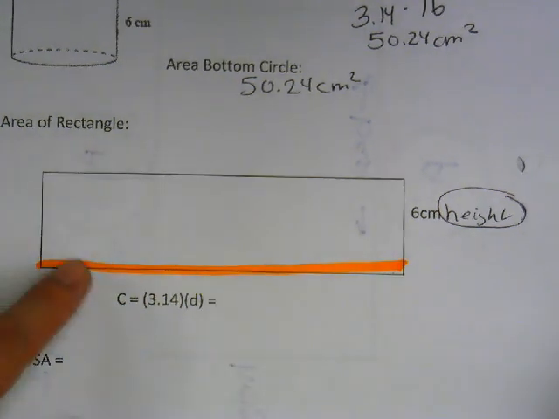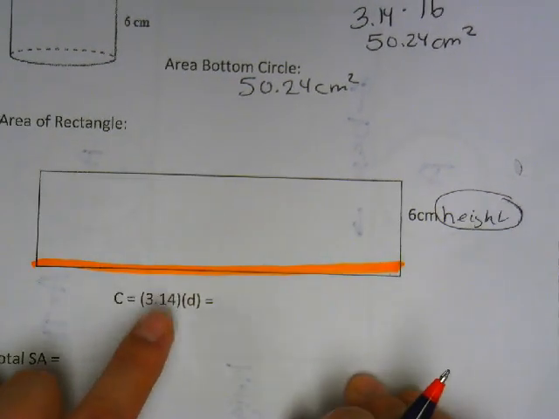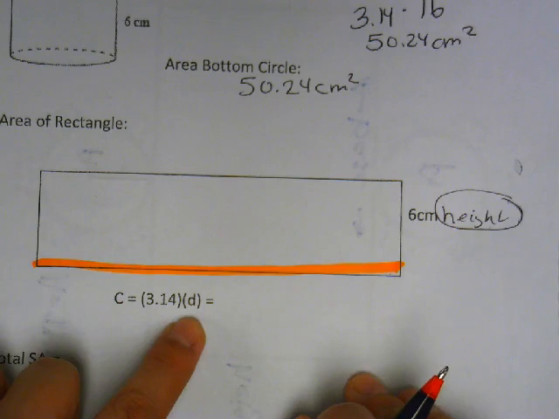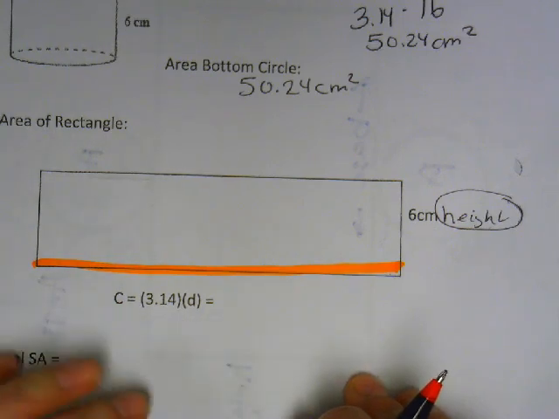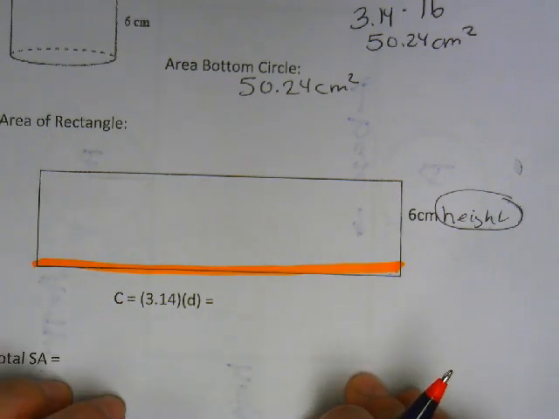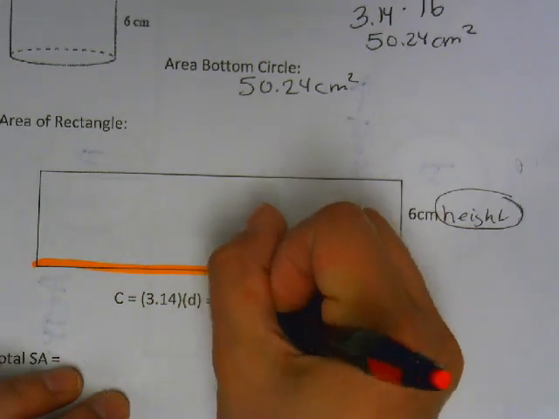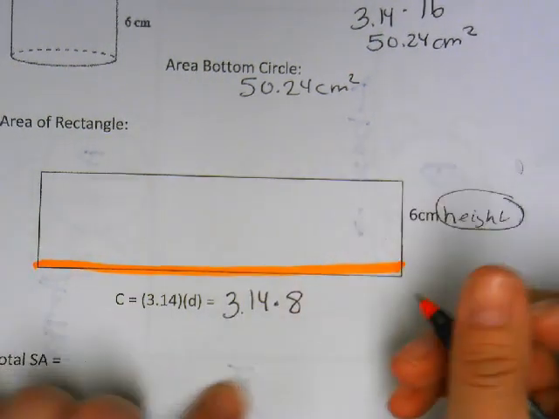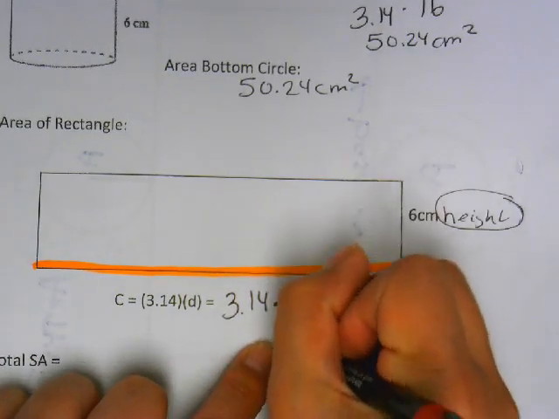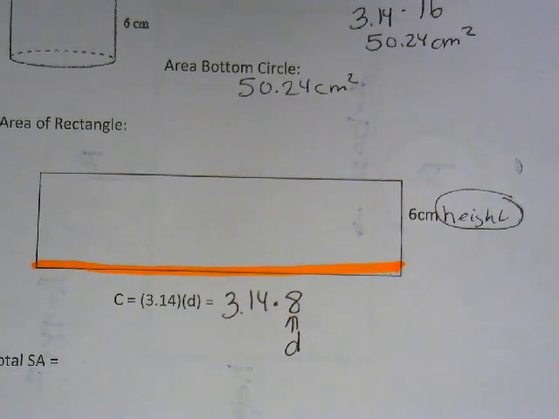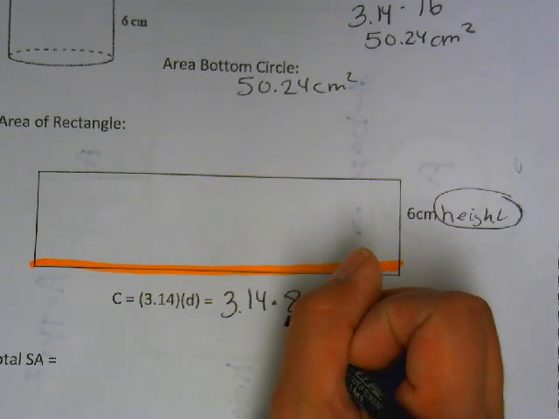So to find this number, I need to do pi times d, pi times diameter. What is the diameter of my circle? 8. So it would be 3.14 times 8 because 8 is my diameter of my circle at the very top of my page.